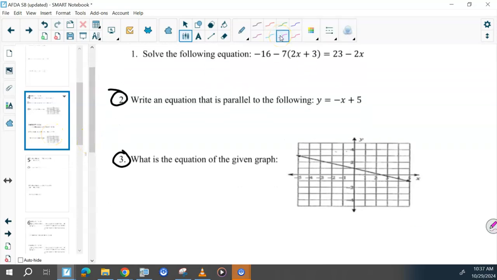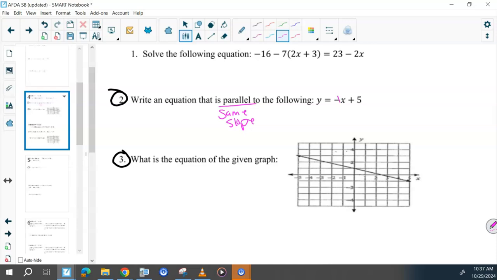All right, for number 2, write an equation that is parallel to the following. So we're given some equation. If it's parallel, that means the slope is the same. You don't need to write this part, I'm just reminding you. So that means the slope of this is what? The number in front of x. Negative 1, yes.